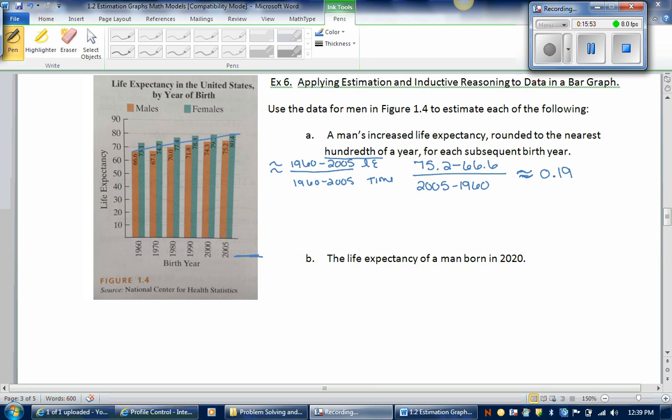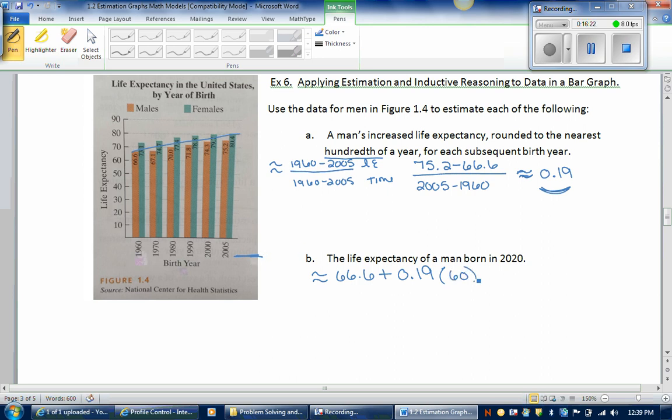So we can say the life expectancy of a man born in 2020 is about, well, let's look at 1960. 66.6 plus, I know that we're going at about a slope of 0.19 for, let's say, from 1960 to 2020, that's 60 years.